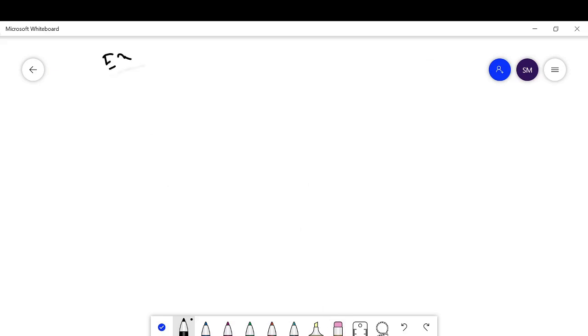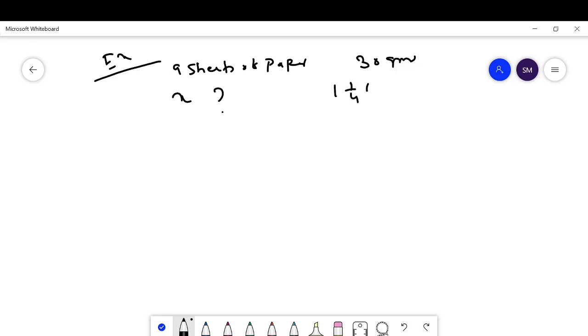Here is another question. It says, if the weight of 9 sheets of thick paper is 30 grams, 9 sheets of paper weigh 30 grams, then how many sheets of paper can weigh 1 whole 1 upon 4 kilograms?